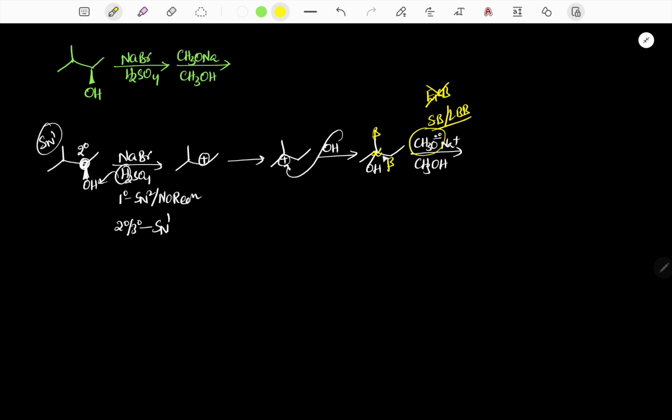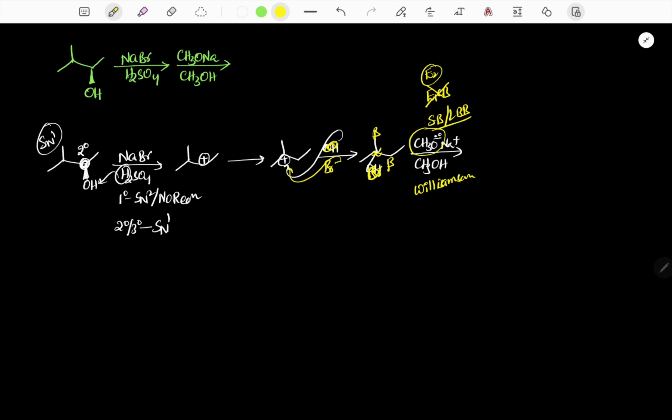So here at the beta position there is no minus R group, therefore E1CB is not possible, only E2 is possible. And here of course it is not OH minus, here it is Br, please correct it, Br. So the alkyl bromide treated with CH3O minus, this reaction is Williamson's reaction.